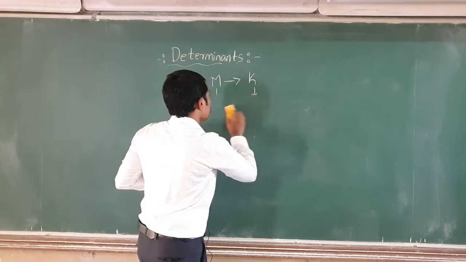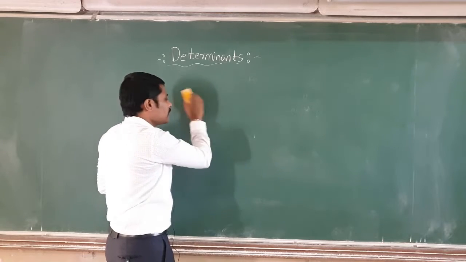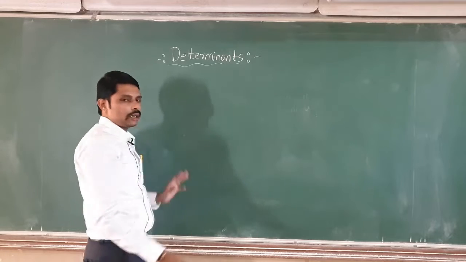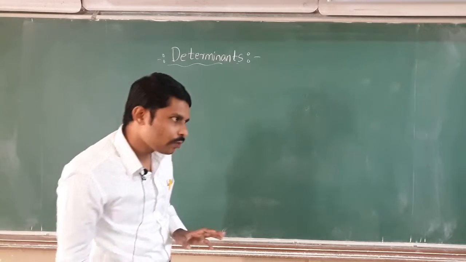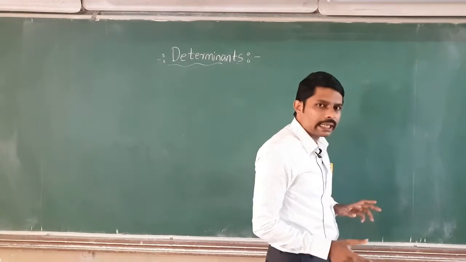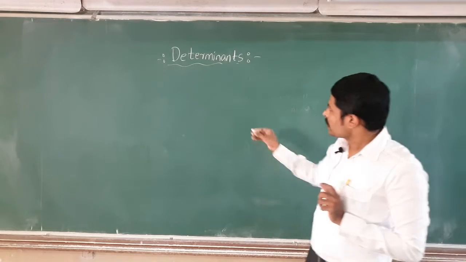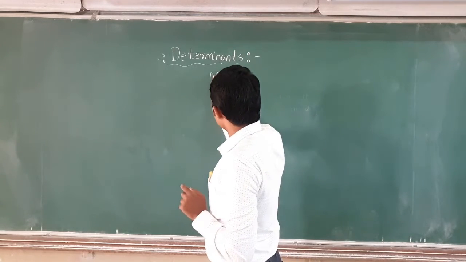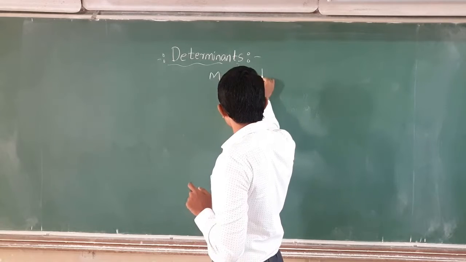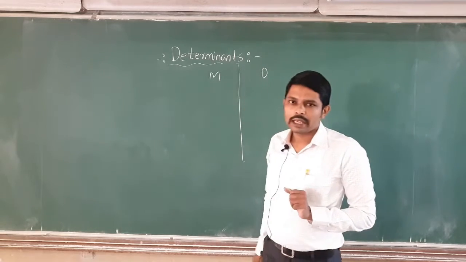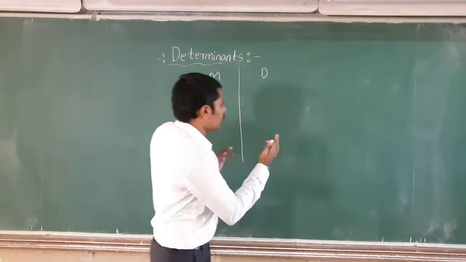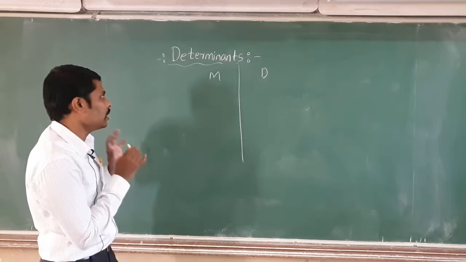Before going to this, I will tell you the difference between matrix and determinant. Here I will consider matrix, here I will consider determinant. Just to identify the difference between matrices and determinant, I am telling this.